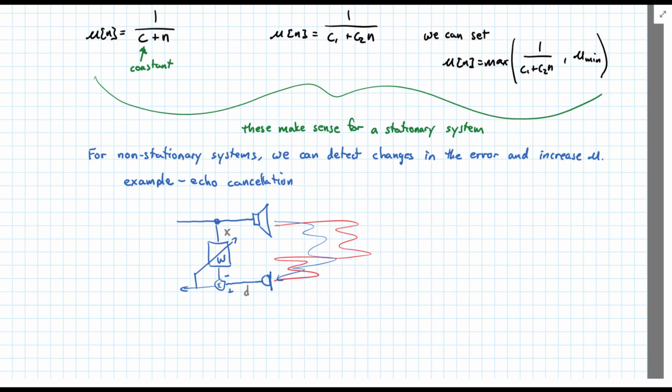So we're going to monitor the error. The error as it comes out is actually going to be our desired signal. And where does the desired part of this signal come from? It comes from the fact that we have somebody in the room speaking, and that's being picked up by the microphone.